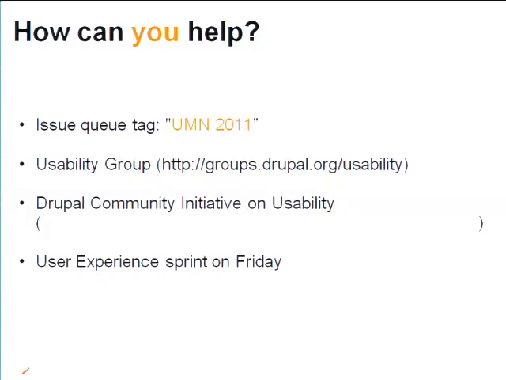I recommend signing up and following what's happening there. There's also a Drupal community initiative page for usability, which I believe Bowman administers, and it has information on what the UX team's priorities are and what's going on in that area. And also there's a user experience sprint on Friday, so we'll be doing some work on some of these issues there as well.